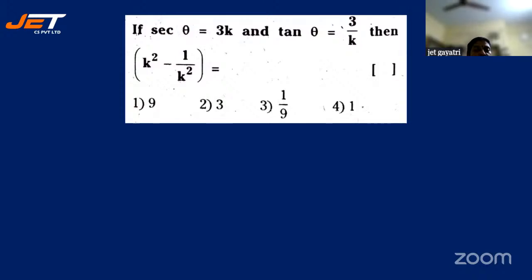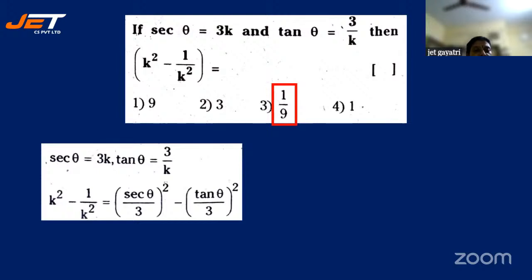If secant theta is equal to 3k and tan theta is equal to 3 by k, find out k square minus 1 by k square. All right. Yes. Another important sum.